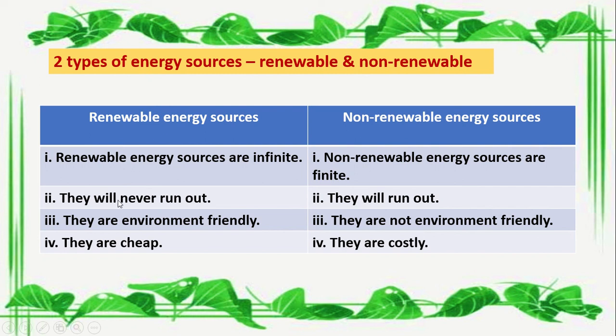Renewable energy sources will never run out, but non-renewable will run out. And renewable energy sources are environment friendly. On the contrary, non-renewable are not environment friendly. Renewable energy sources are cheap and non-renewable are costly.